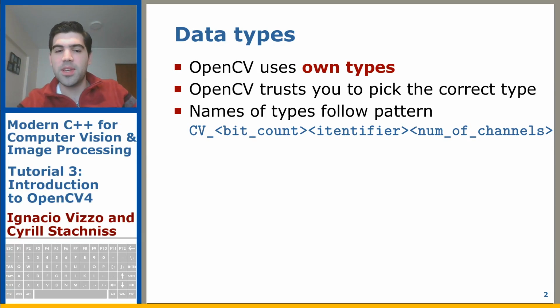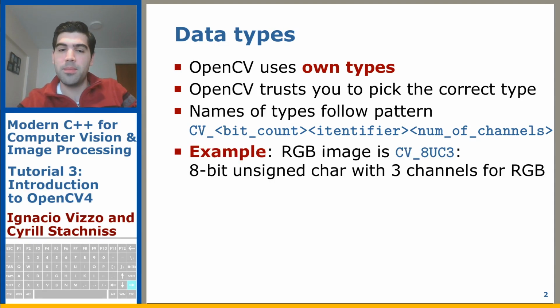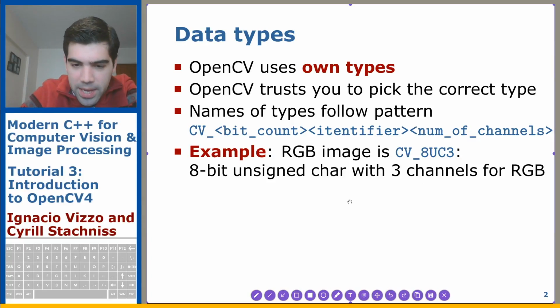It's CV, then an underscore, then the bit count of the type, the identifier, and the number of channels. So for example, let's highlight it. For a classic RGB image, the first part of the type will be CV, that is basically this. Then the bit count is how many bits will be representing this type.